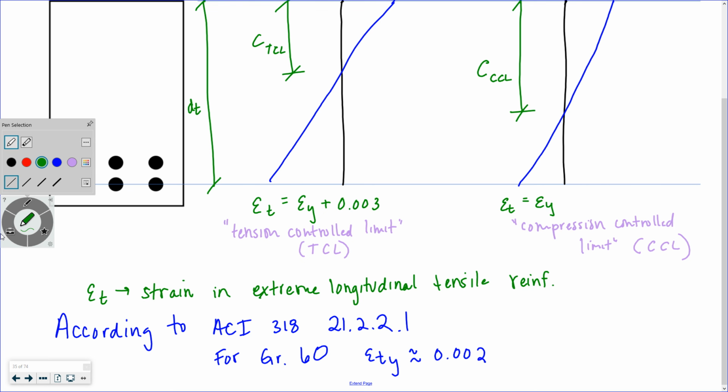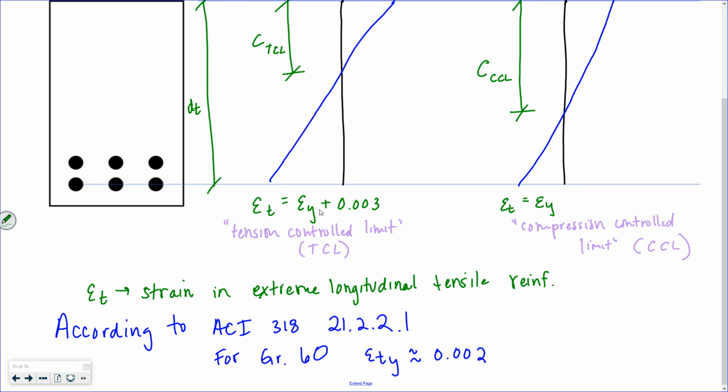So if I put that into these two equations, ETY, EY, I'm using them interchangeably, 0.002 plus 0.003. So if your strain in your extreme tension reinforcement is greater than 0.005, then you're tension controlled.